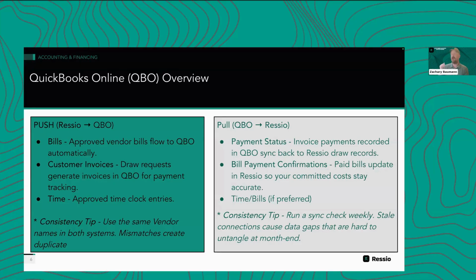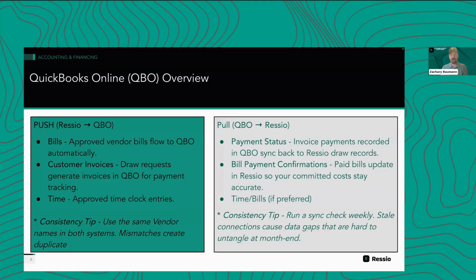What some of my Adaptive builders do is they either create those same draws in Ressio, because we can provide all of the supplemental information that would be required now that we have invoice and bill attachments, or if they prefer the Adaptive system for that draw invoice, they would simply recreate the invoice.